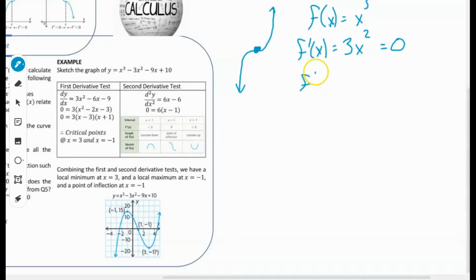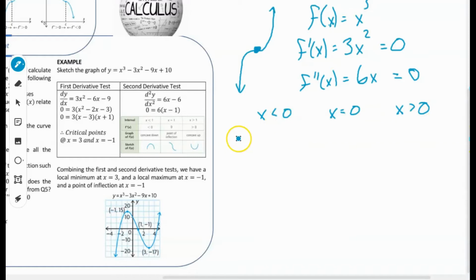Now the second derivative is going to equal 6x. Now I want you to look at something. We're going to look at a couple points, right? Because 6x, if we set this equal to 0, x also equals 0. So let's look at when x is less than 0, when x equals 0, and when x is greater than 0.